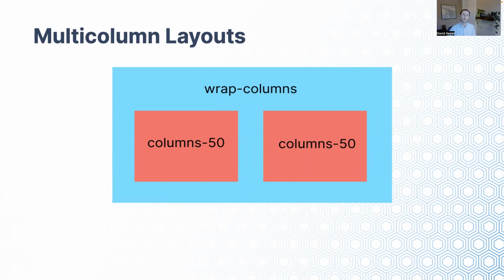But the way it works is you have to tell pagedown, or use the CSS that says, for this section, I want this to be treated not as elements that should go one on top of the other. Instead, they should go next to each other. And so we're going to set a class called wrap columns, which will tell the CSS to treat this side by side.